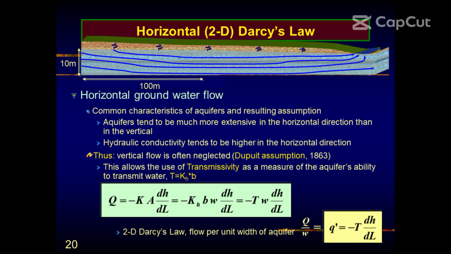You have a partially penetrating well. What is the flow pattern around the bottom of the well? Is it horizontal or vertical? That's what I want to know.